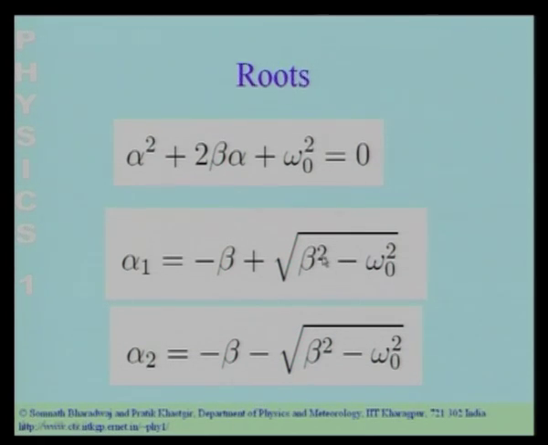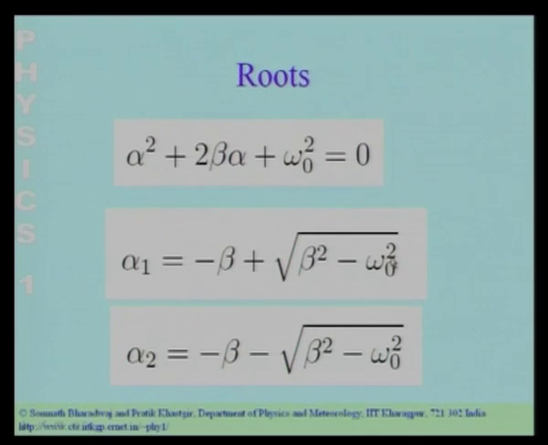You could have beta less than omega naught. If beta is less than omega naught, then this term beta square minus omega naught square is negative, and the square root over here will give you an imaginary number. Whereas, if beta is more than omega naught, then you would get a positive number and the square root would be a real number.